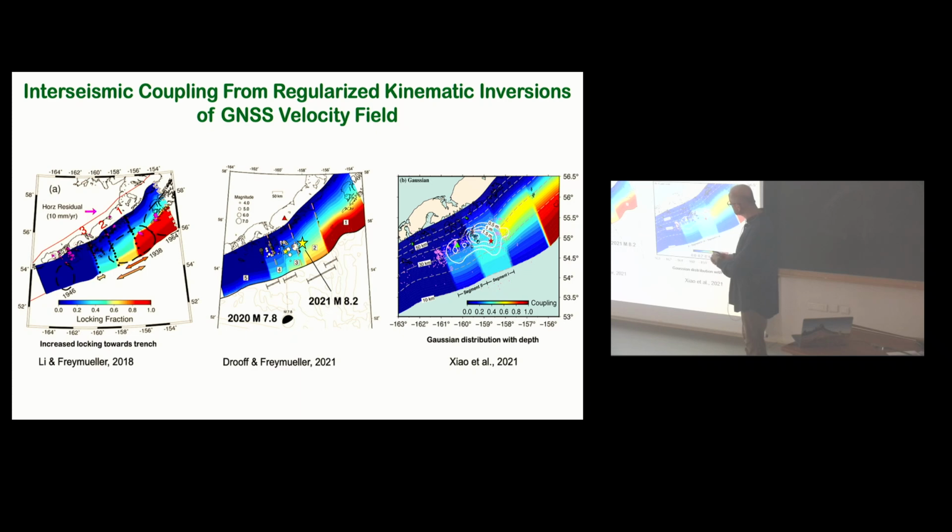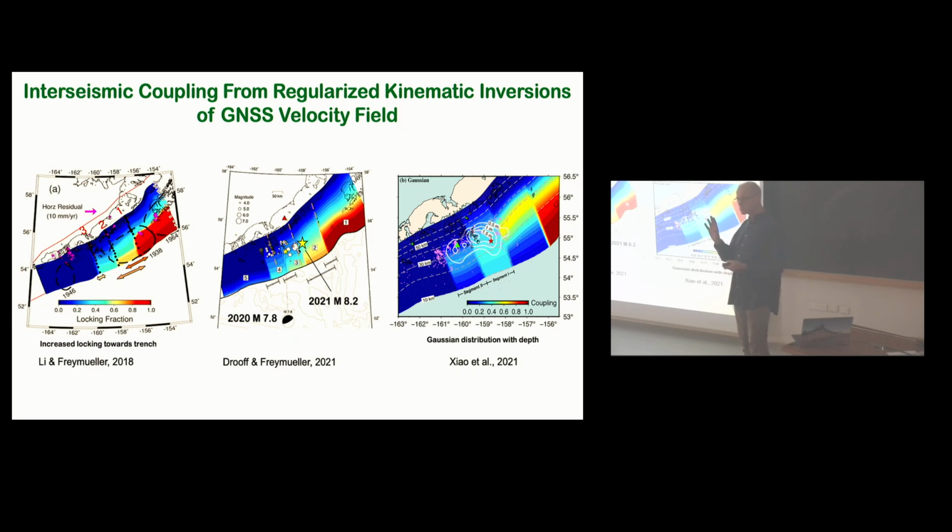So in these two models here on the left, in addition to smoothing that is imposed to avoid overly rough models that are not really constrained by the data, there's an additional constraint of maximizing coupling towards the trench.